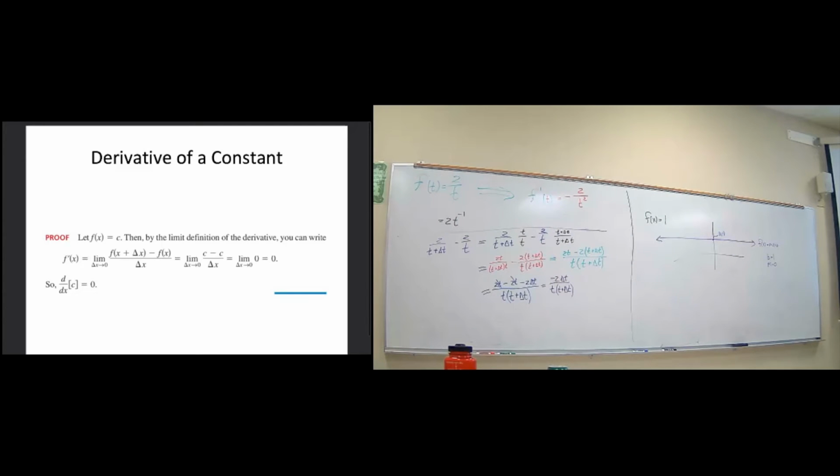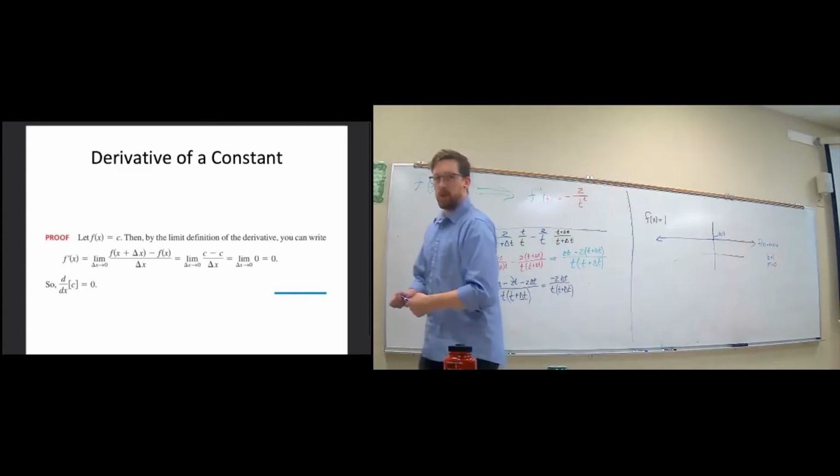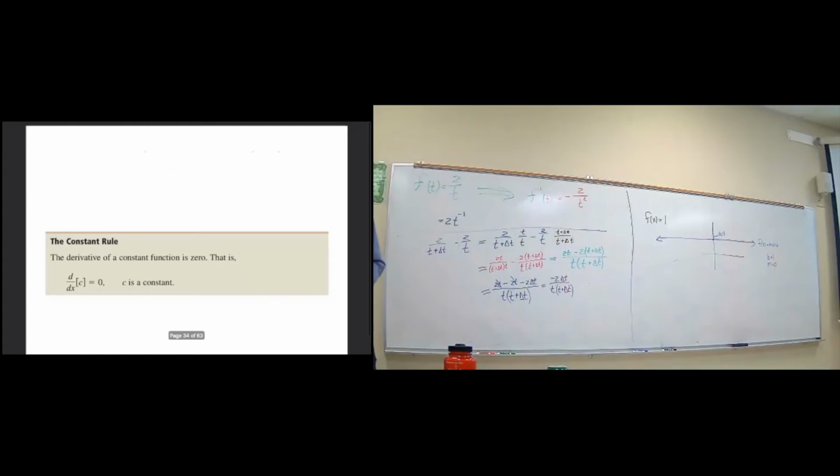We have 0 in the numerator. So this entire fraction goes to 0. And it doesn't matter what delta x is, it's still the fraction 0. So it's always 0. So the derivative of a constant is 0. This is the constant rule.